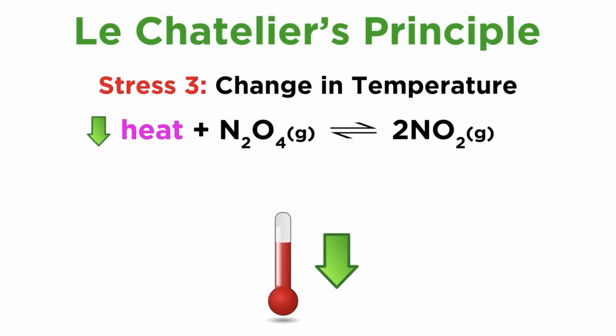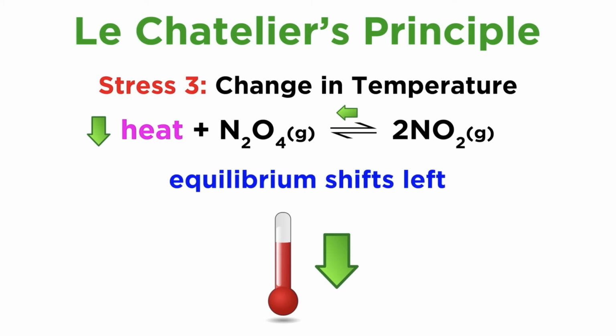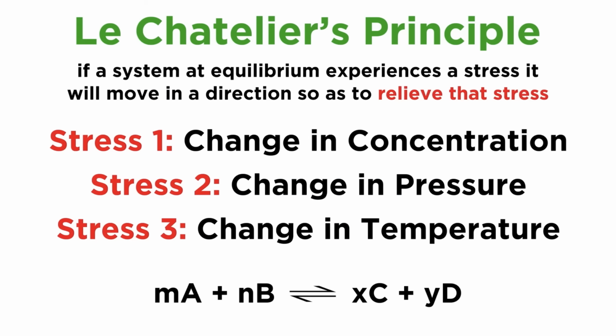If we cool down the system, which way will the equilibrium shift? It must shift left to regain some of the heat lost. So we should now be able to use Le Chatelier's principle to predict the direction an equilibrium will shift when there is a change in concentration, pressure, or temperature.